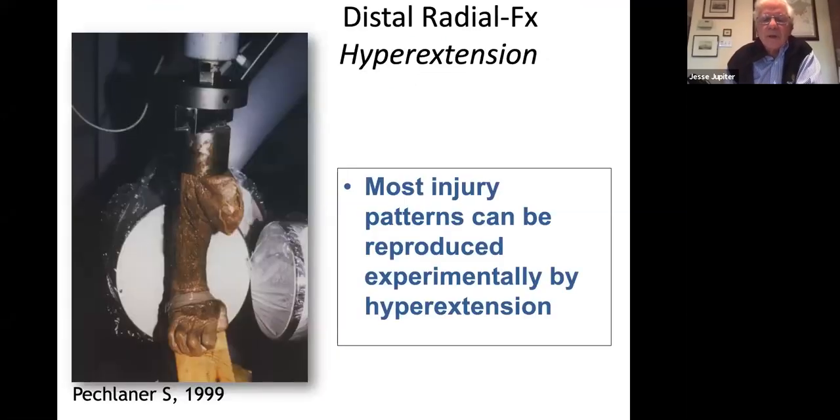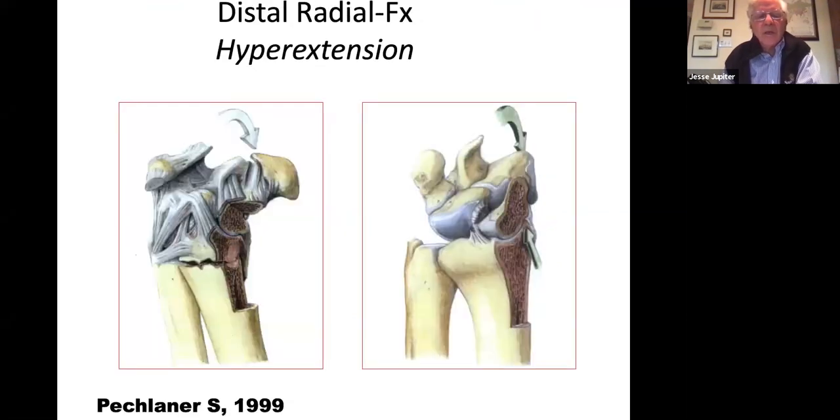There's an interesting study out of Austria where they loaded wrists in extension with an Instron machine, slowly loading the forearm and taking cine pictures. And guess what? The patients who had fractures that were extra-articular tended to have all their carpal ligaments intact when they dissected.